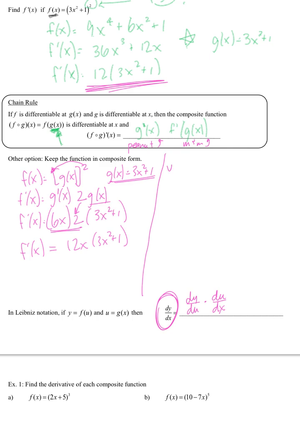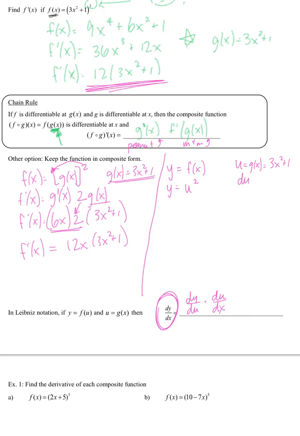So let me show you. I'm going to call y f of x. In other words, I'm calling it u squared. And the u is our original g of x, which is 3x squared plus 1.